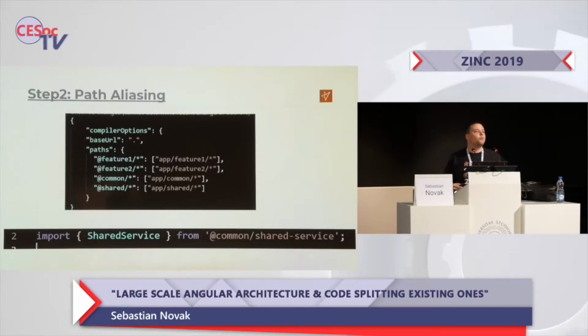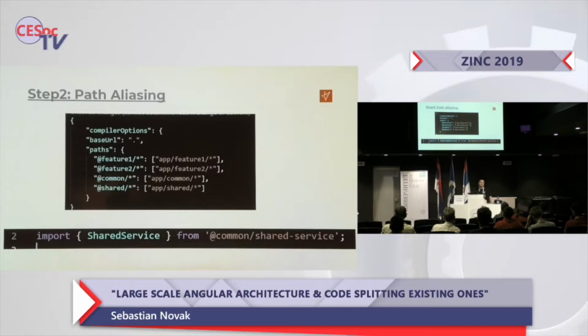When you start to code split a large Angular application, such as this one, the first thing you'll have to do is get rid of relative paths. What I mean is the standard way to import a module in Angular is relative paths from the current module.